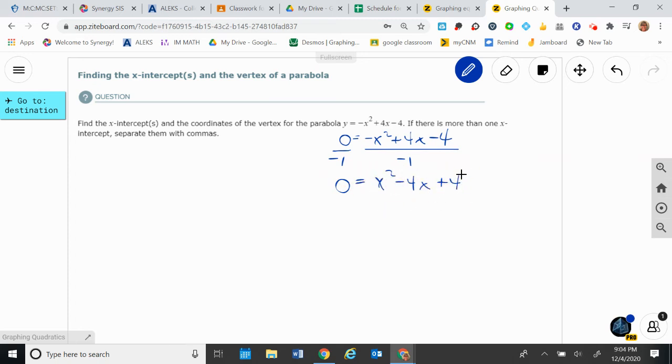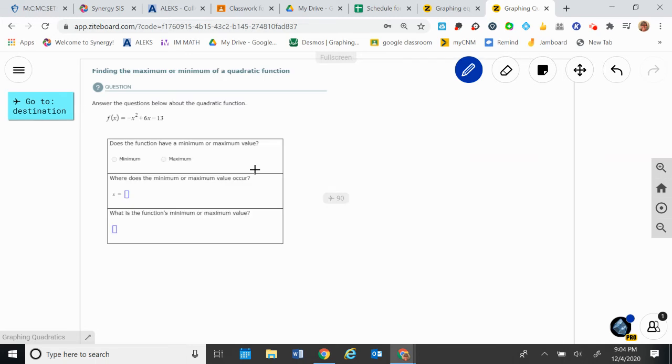It's my favorite trick. I don't have to move anything. All I need to do is change all the signs. This is a perfect square trinomial, whether or not you recognize it. There's only one x-intercept, because they're the same x-intercept. And then, of course, the vertex, I'm going to leave that to you. You know how to do that by now, I would think.